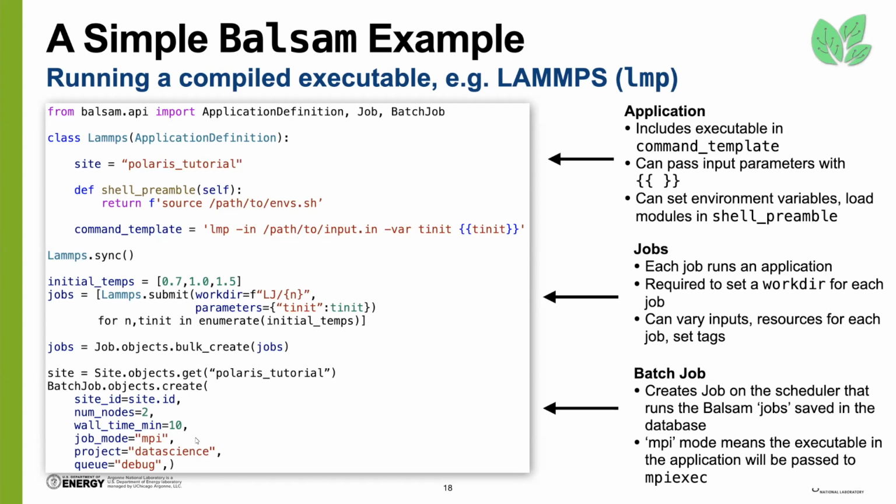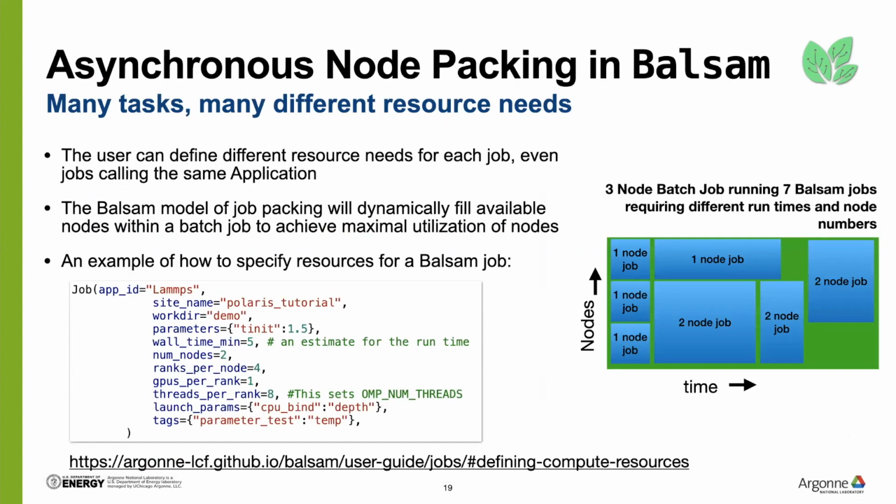And essentially what Balsam will do is it will construct an mpiexec call for the application using what you tell it about the job resources that it needs and the application call, essentially the executable that you define. So how do you define those resources?